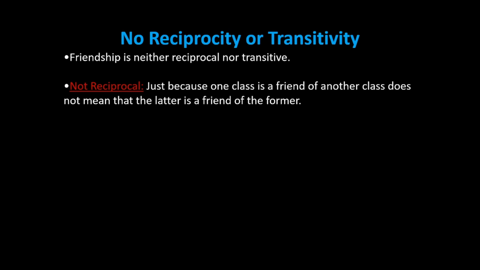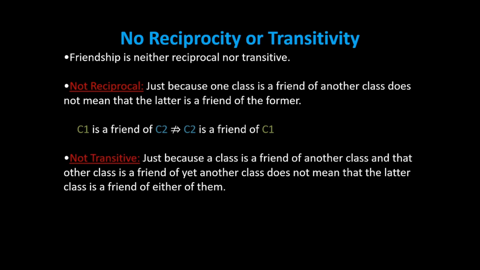So let's look at a better example of what this means. C1 is a friend of C2, but C2 is not a friend of C1. Okay, so we all have people like that. They think we're their best friend, but it turns out we actually don't like them.